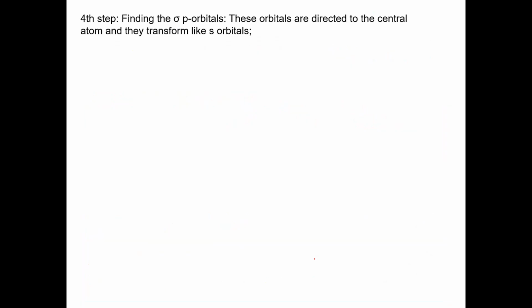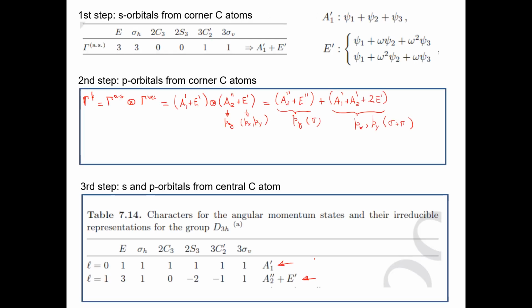Okay. Finally, the fourth step is finding the sigma p orbitals. So in the second step, I found all the p orbitals that I can make from the corner carbon atoms, and these are all of them.